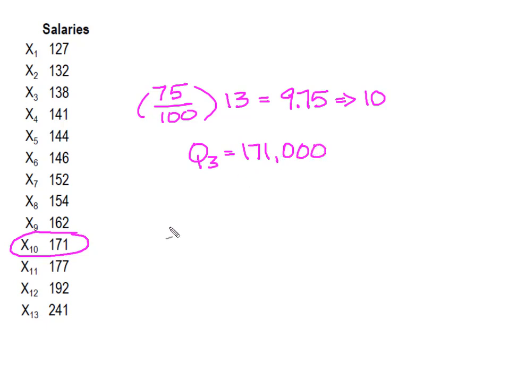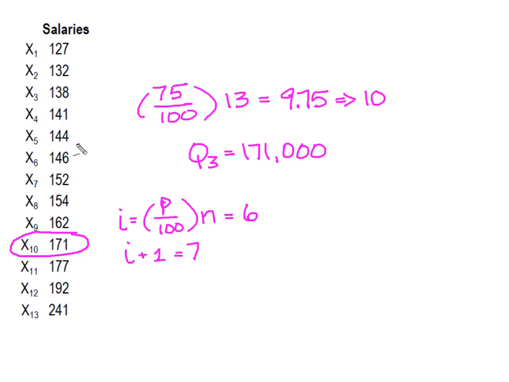$171,000. So what if we had one that came up to an integer? Let's say that we performed the calculation of P divided by 100 times N, and it ended up being 6. Now what I'm going to do, remember this is I, plus 1 is 7.